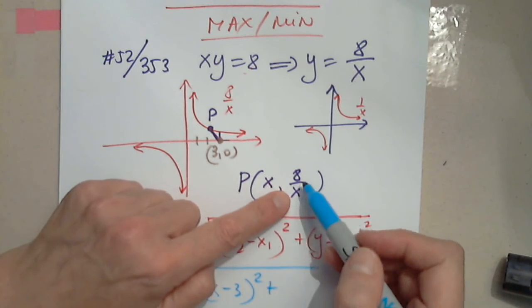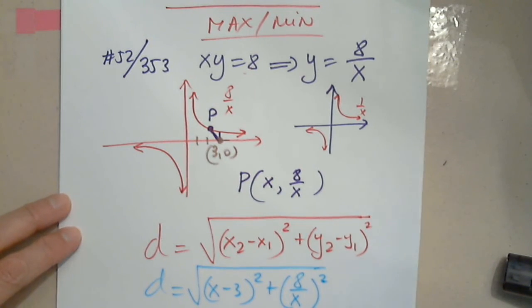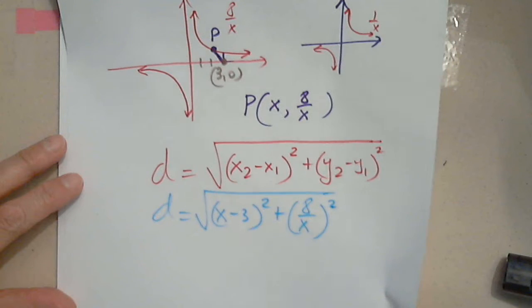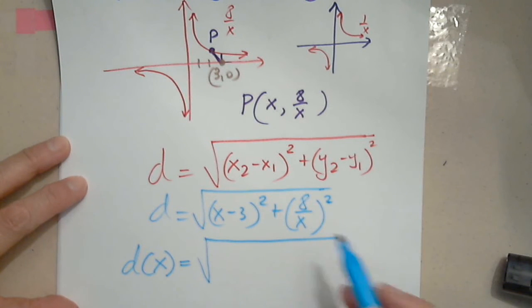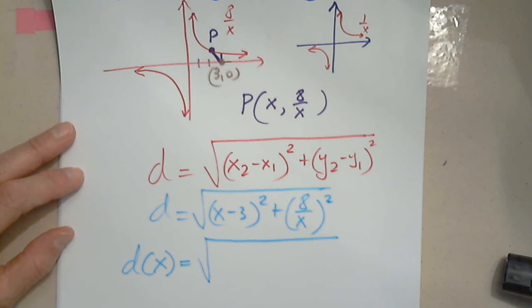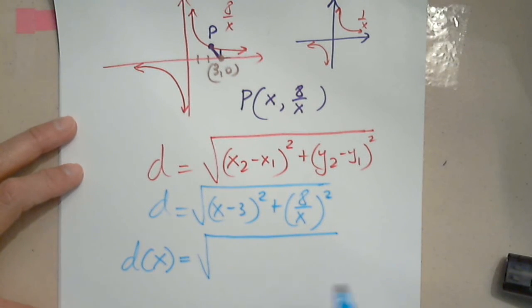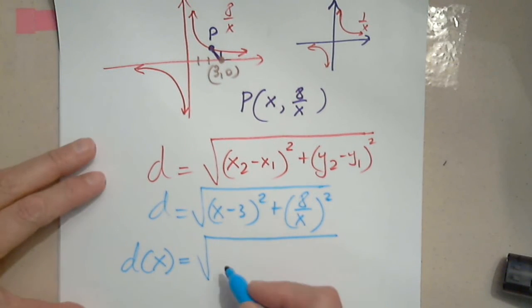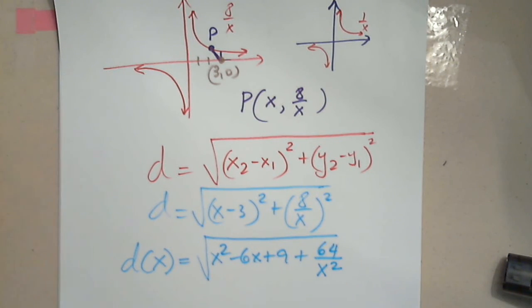So at this point, I'll say this is the function that I need to work with. It's the function of x. I will try to clean it up a little bit, although it's not really necessary because when I differentiate, I don't really care what's in there. But let's say x squared minus 6x plus 9 plus 64 over x squared. That's good enough.